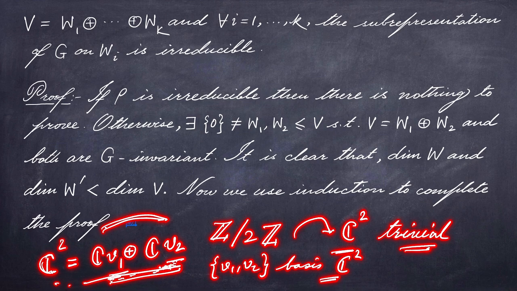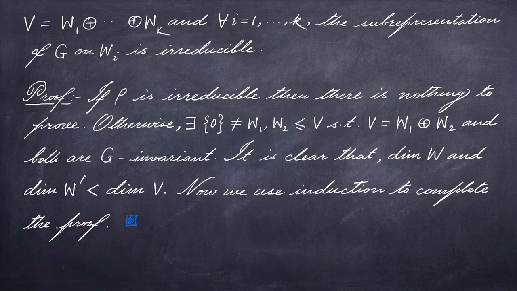Because the action is trivial, any subspace is invariant, and these subspaces have dimension 1, so the sub-representations on them cannot be reduced further. So this trivial example shows that in the case of representations, the choice of W1 to Wk is not unique. Okay, with that I will finish this lecture.